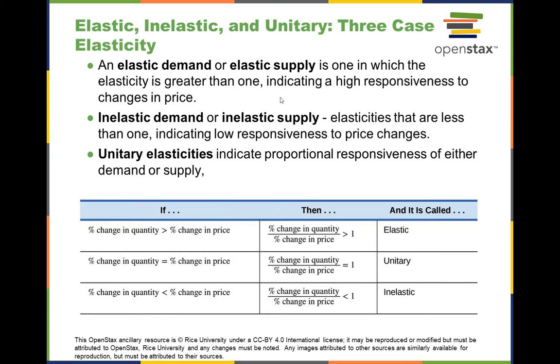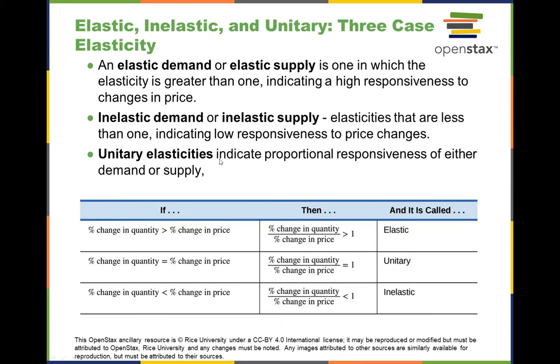And so the greater the number over 1, the more elastic it is. The lesser the number is than 1, the more inelastic it is. Unitary elasticities indicate the proportional responsiveness of either demand or supply. So, in other words, the price change went up and the quantity changed, but not enough to correspond to a noticeable difference to the firm. And we'll talk more about that later.